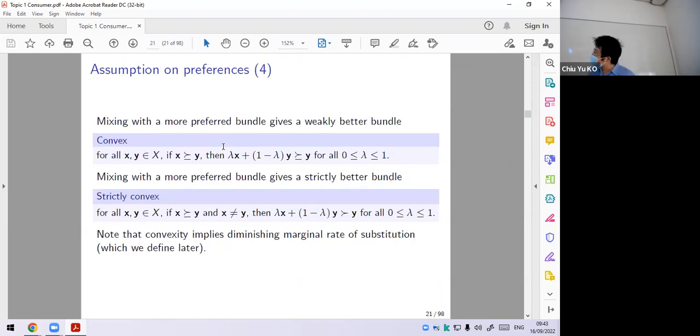And the next is convexity. Convexity is related to mixing bundles. If X is preferred to Y, mixing them is better than the weaker bundle. You may ask why we care about this convexity.